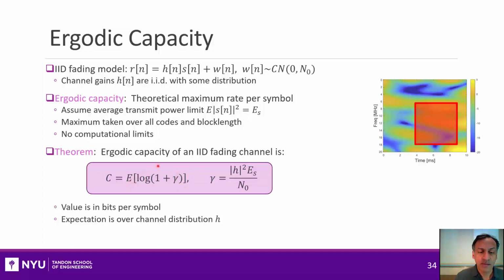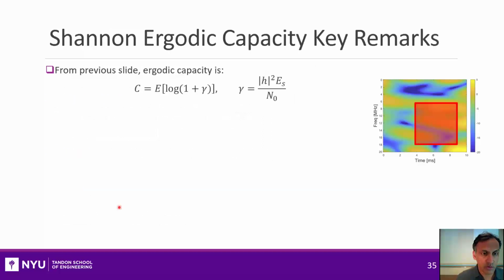So it's the same capacity as if somehow you could transmit in each one of these fading realizations and then average that capacity. I've put the bandwidth expression here, so you think of this as the capacity per symbol, or the capacity per degree of freedom. You have to multiply that by the number of degrees of freedom to get the actual number of bits that could be transmitted in this coding block.